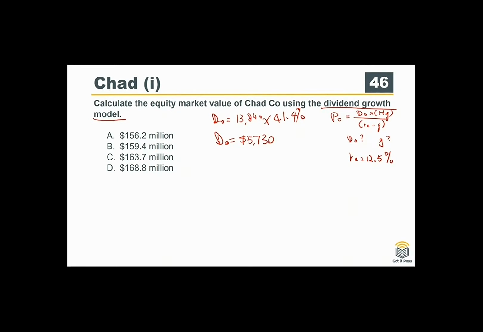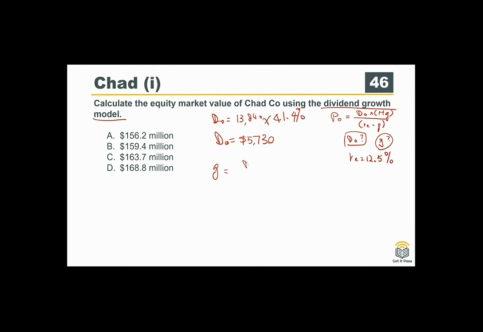And next, we need to find g, because we already know D0. And how about g? For g, it is the dividend growth over 2 years. There is no information available by the company about the dividend growth rate in future, so we base on the historical growth rate and assume it is the same in future.